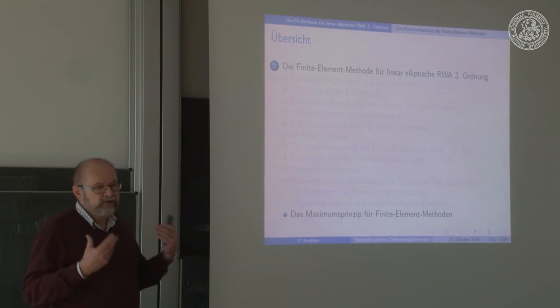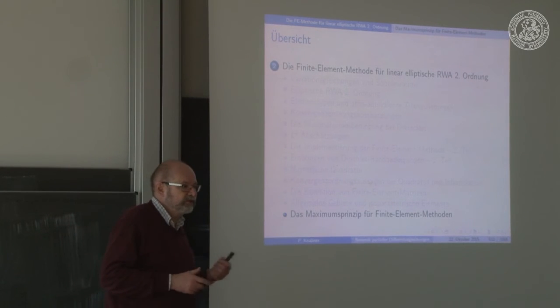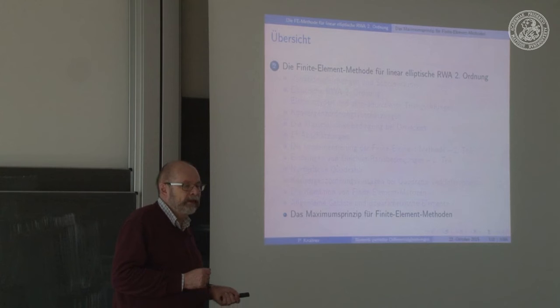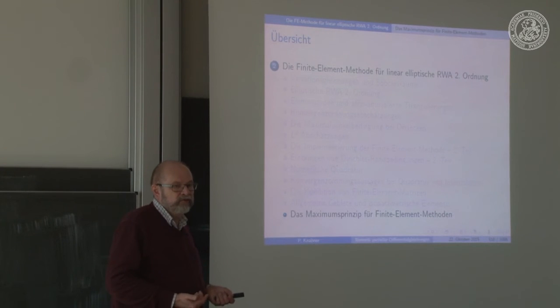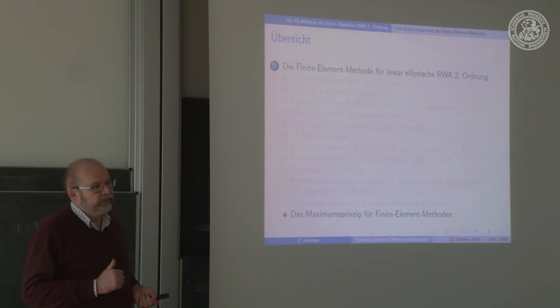The price was enormous regularity to estimate this. In conjunction with that, we needed corresponding stability also in the maximum norm. And this we can get from the inverse monotonicity of the matrix.